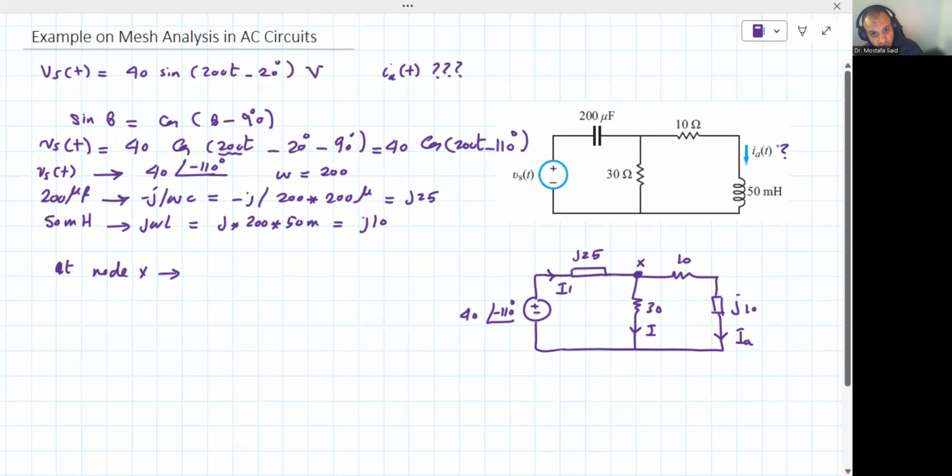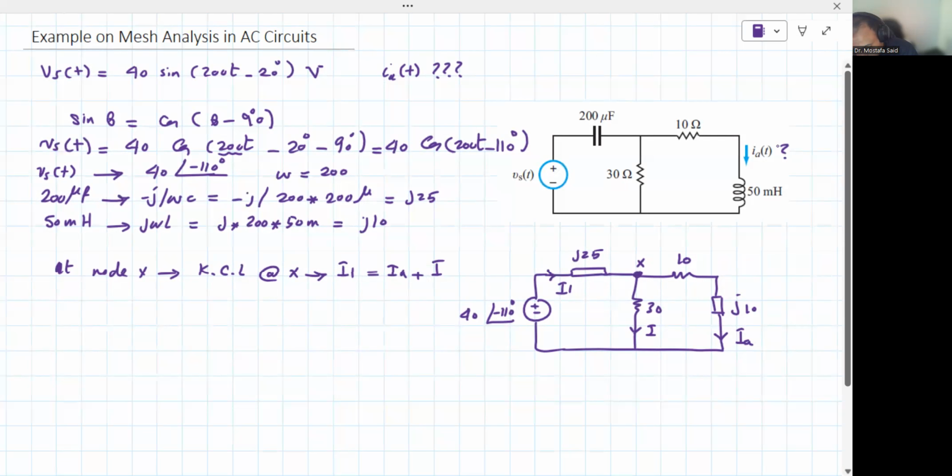The amount of current going into the node equals the amount of current going out of the node, basically KCL, Kirchhoff's current law, at X. That leads to I1, which is entering the node, equal to IA plus I2, since IA and I2 are going out.